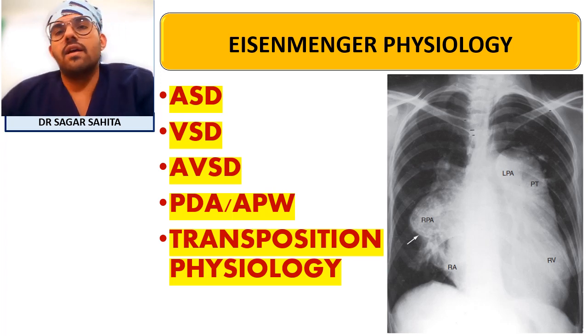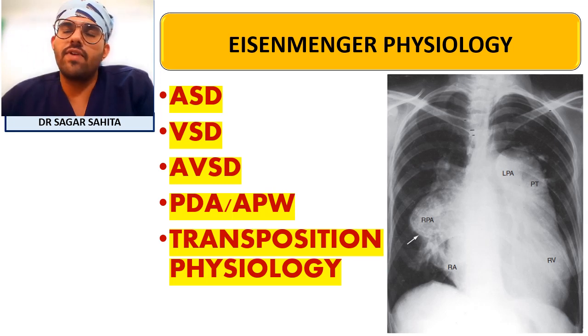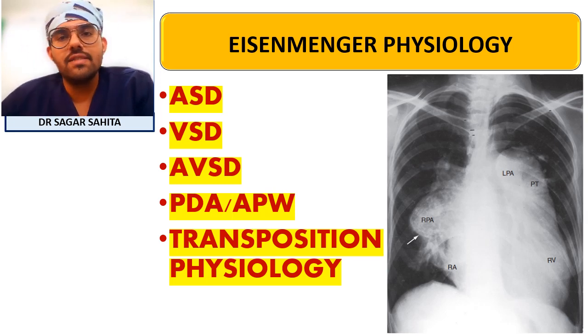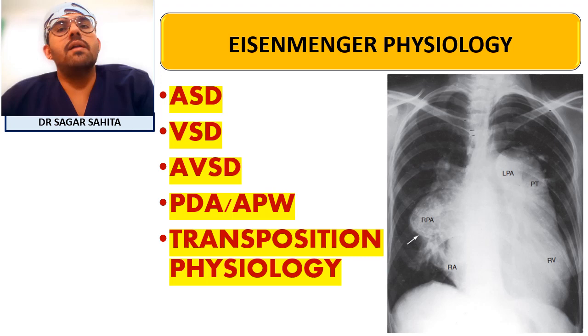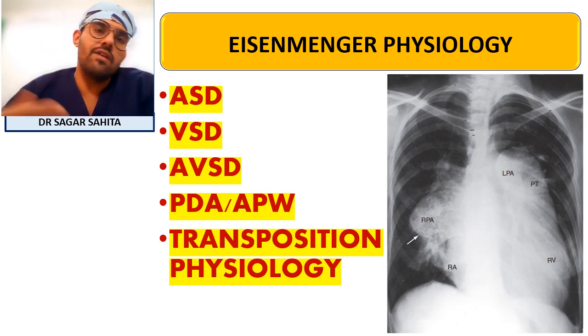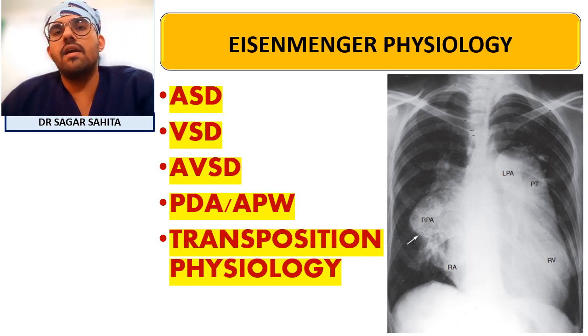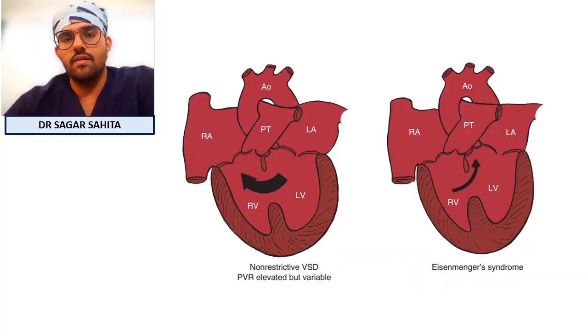A case like truncus arteriosus, which normally would have a saturation of 85 to 90, once Eisenmengerized or develops pulmonary vascular occlusive disease, saturation may drop further. So acyanotic lesions, when they are becoming Eisenmengerized, become cyanotic. But cyanotic lesions also, cyanosis worsens when Eisenmenger physiology starts.